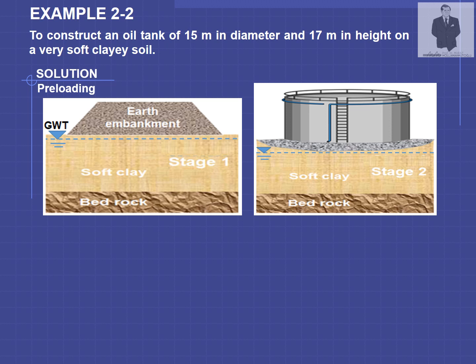Now, had this oil storage tank, as shown in the figure, been placed on the ground surface without any special foundation, a settlement of about 150 centimeter would have taken place due to the soft underlying soil. This amount of settlement was too much to be tolerated.